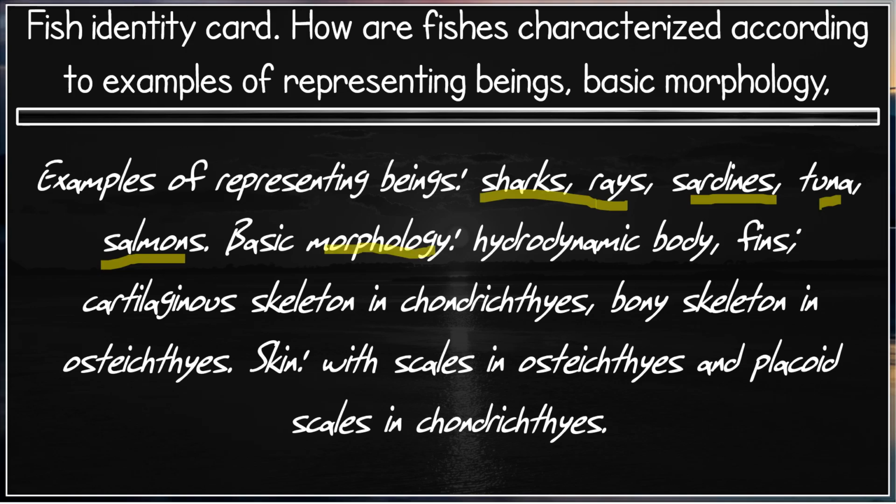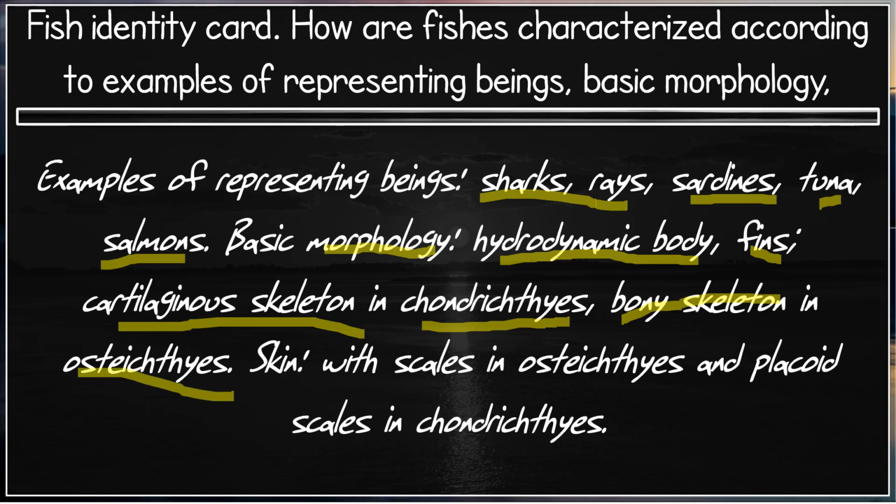Basic morphology: hydrodynamic body, fins, cartilaginous skeleton in chondrichthyes, bony skeleton in osteichthyes. Skin with scales in osteichthyes and placoid scales in chondrichthyes.